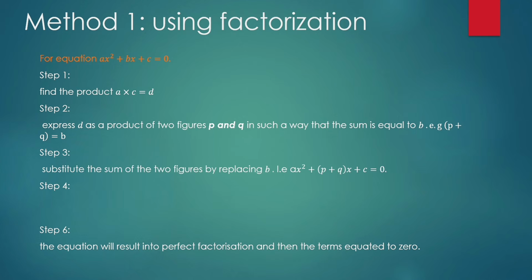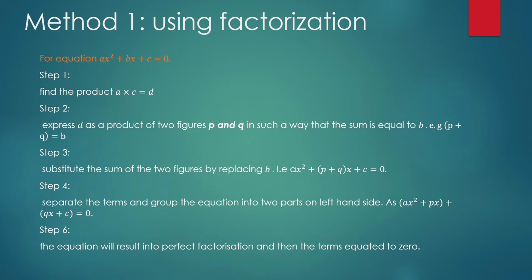Then in step 3, substitute the sum of the two figures for b. Where there is b as the coefficient of x, replace it with p plus q, and then it becomes the same equation. Then separate the terms and group the equation into two parts: px will join the first part, which is ax squared plus px, and the remaining part qx plus c will be separated, then you equate the whole thing to 0.